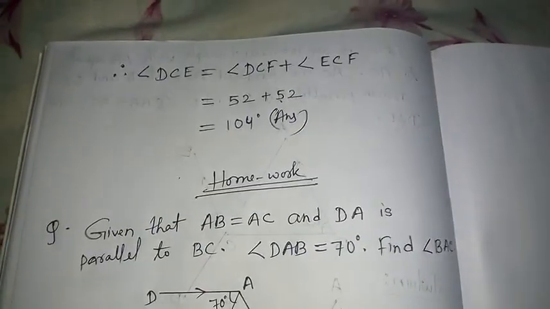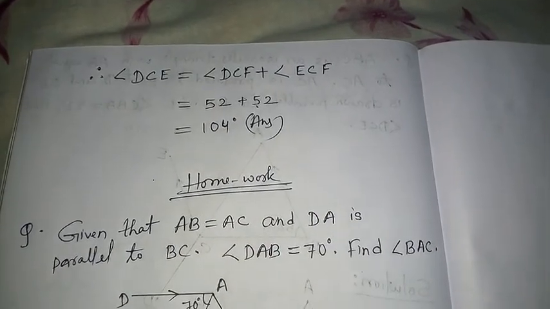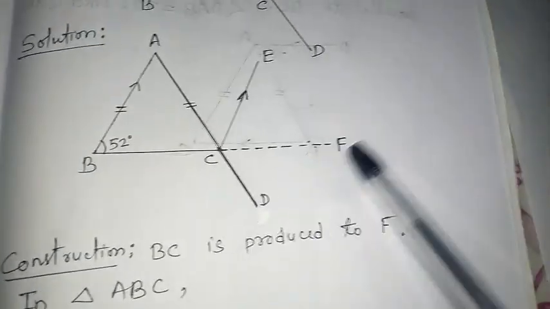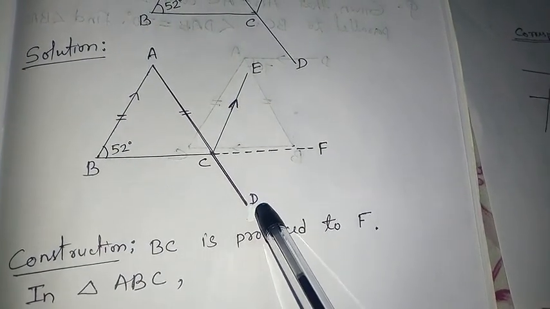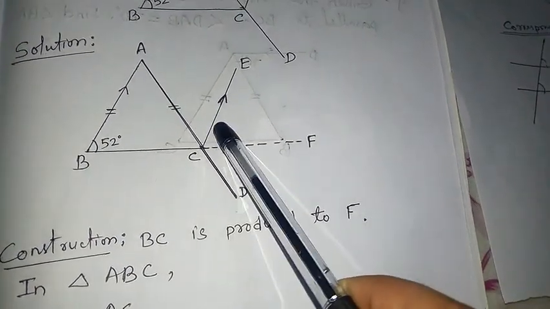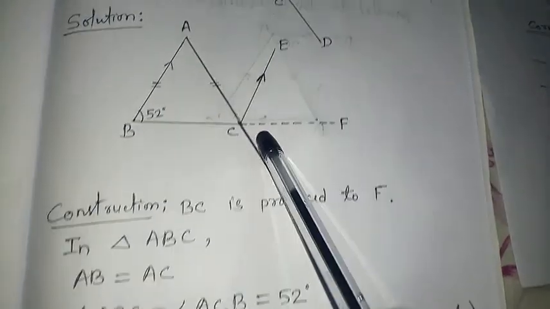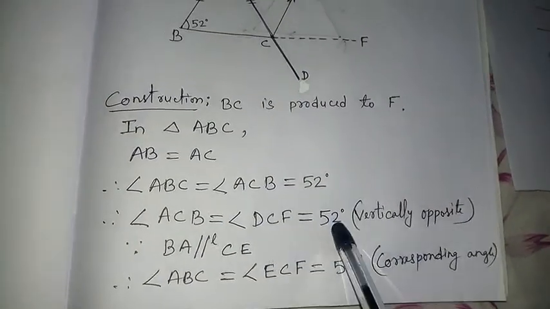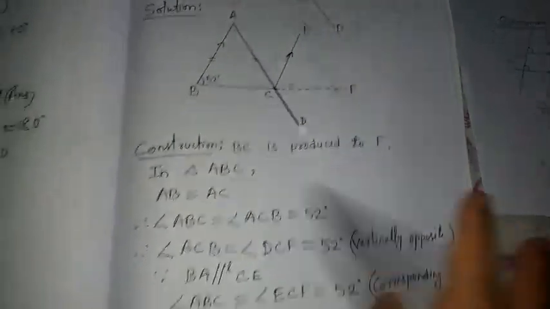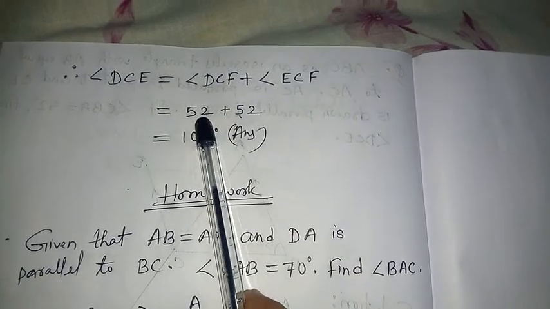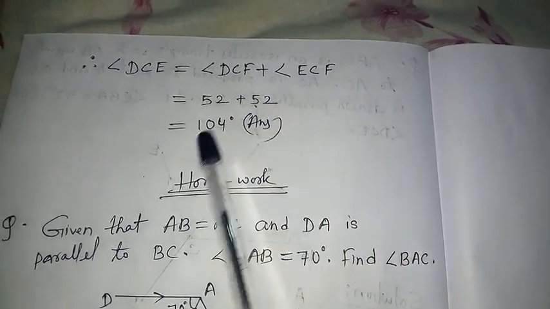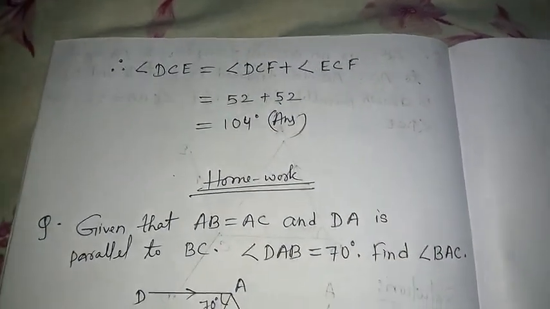So now I can say angle DCE is equal to the sum of angle DCF plus angle ECF. DCF is 52 degrees and ECF is also 52 degrees. 52 degrees plus 52 degrees, that means overall 104 degrees. Both if you add, 104 degrees is our answer.